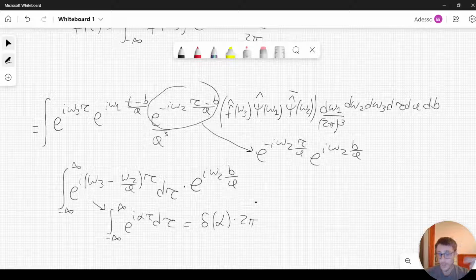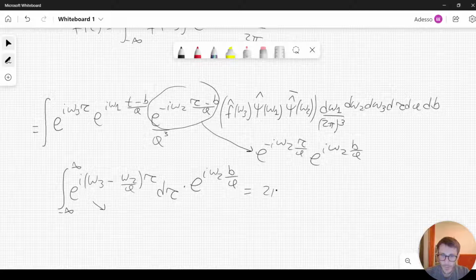In this lecture I will not explain the details regarding the Dirac delta or where this result comes from, so we take this for granted. This means I can rewrite this as 2 pi delta of omega 3 minus omega 2 over a, and then e to the i omega 2 b over a.